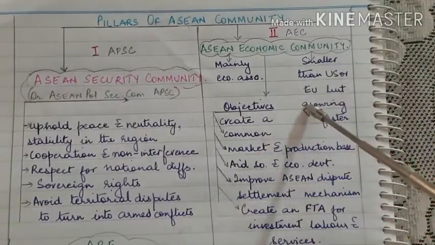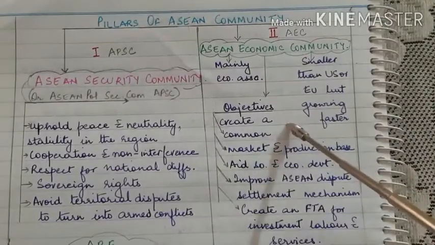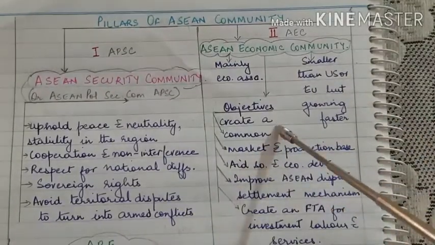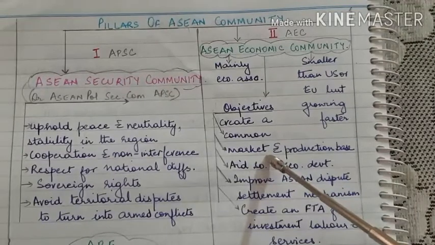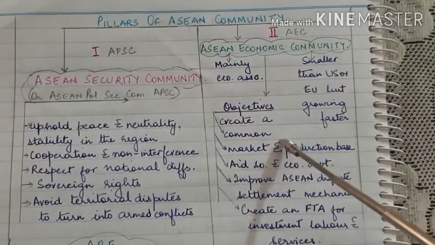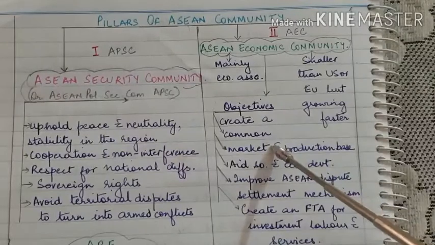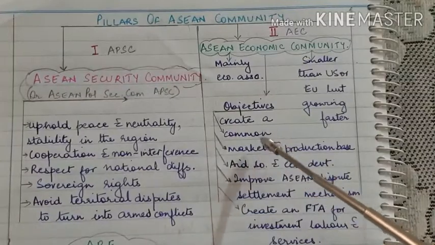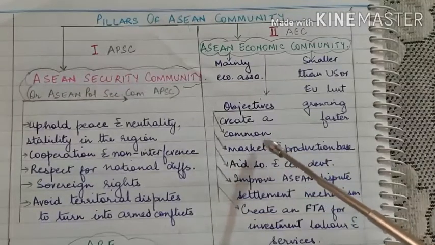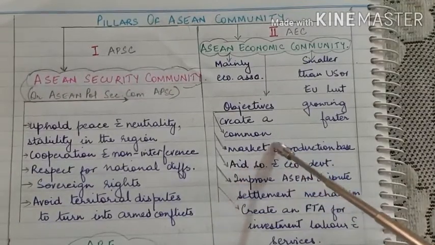What are the main objectives of the economic community? The main objectives were to create a common market and production base. Keeping this in mind, efforts were made to speed up the creation of the ASEAN Free Trade Area, that is AFTA. A pact was also signed regarding intellectual property rights.